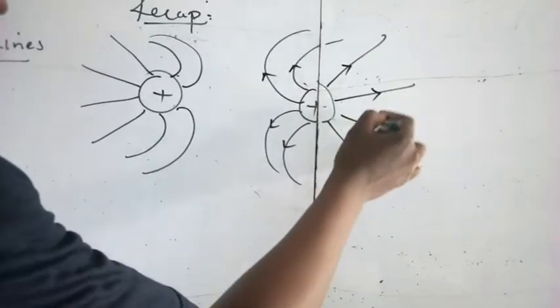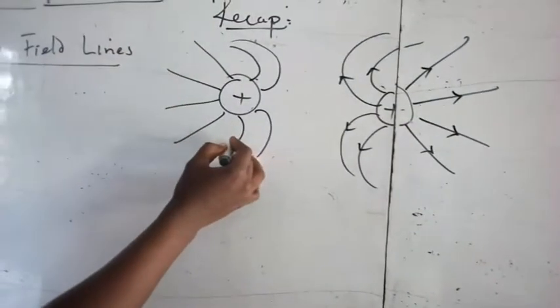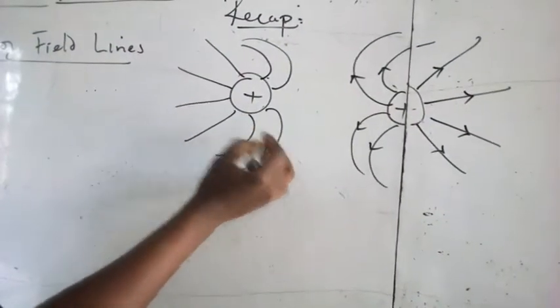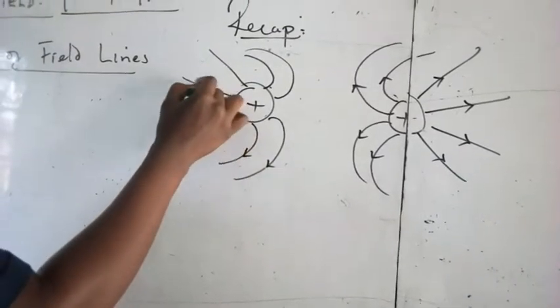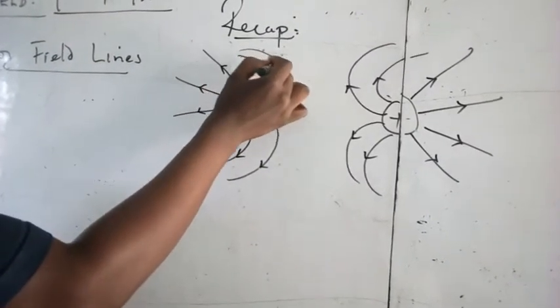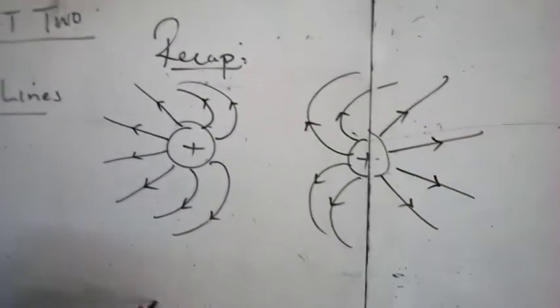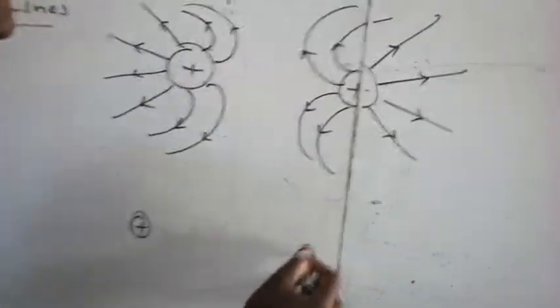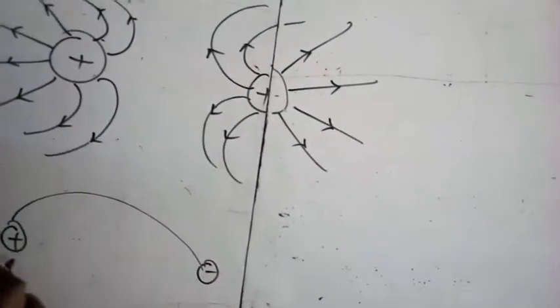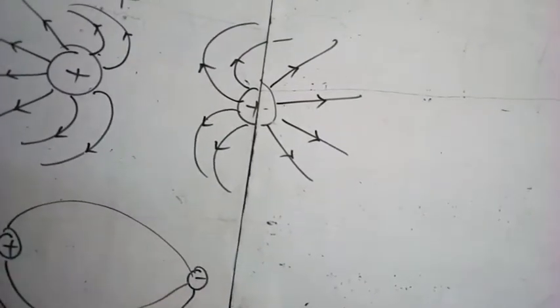Just understand this and you are good for explanation. Okay? Now we said that unlike poles attract. We attract.